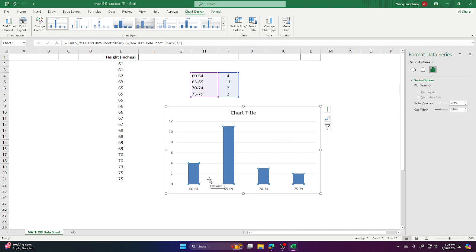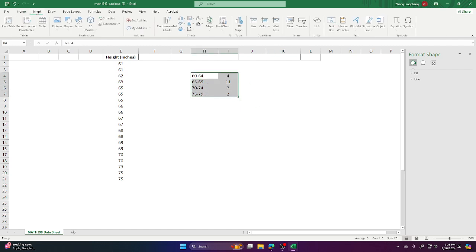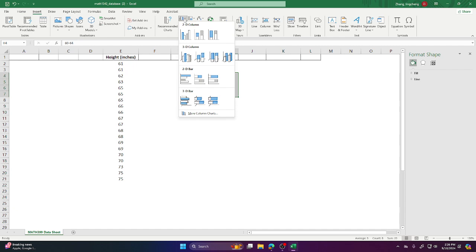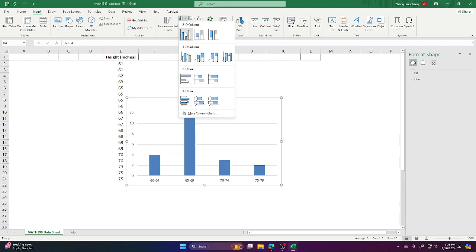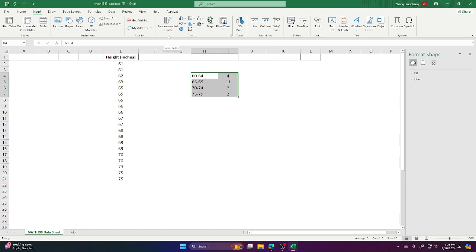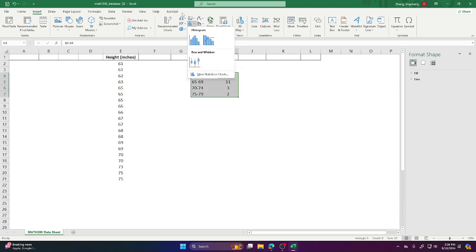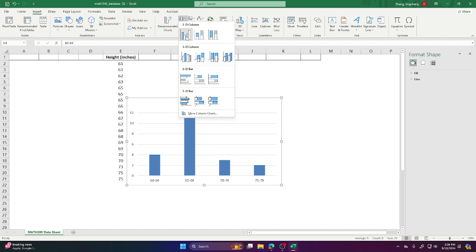I'm not really done, but I could definitely start over. So I'm going to highlight my stuff, insert, and then there are these bar graphs, and I just choose the first one. No, we're going to do a bar chart.